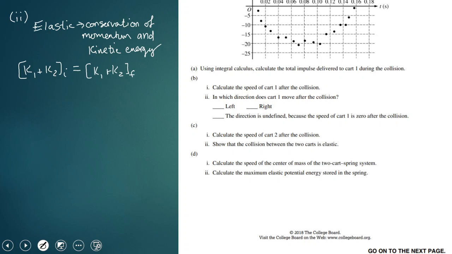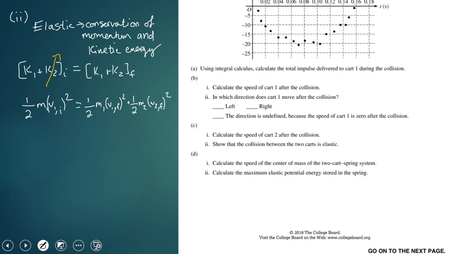Okay, and so once again, we know that because cart 2 is at rest, this goes to 0. And so we're essentially just left with 1/2 mv squared. So 1/2 m1 v1 initial squared is equal to 1/2 m1 v1 final squared plus 1/2 m2 v2 final squared.